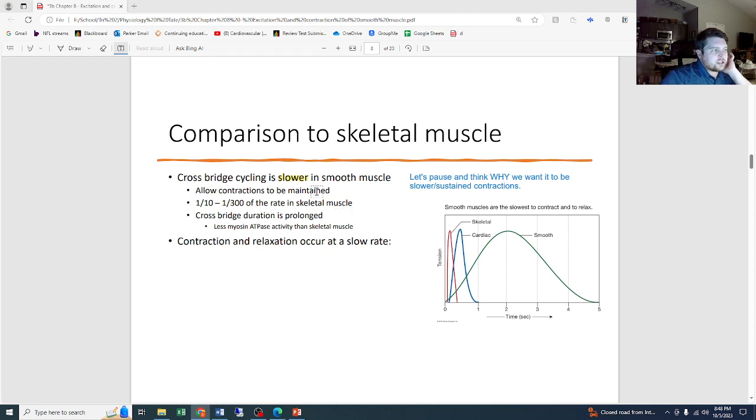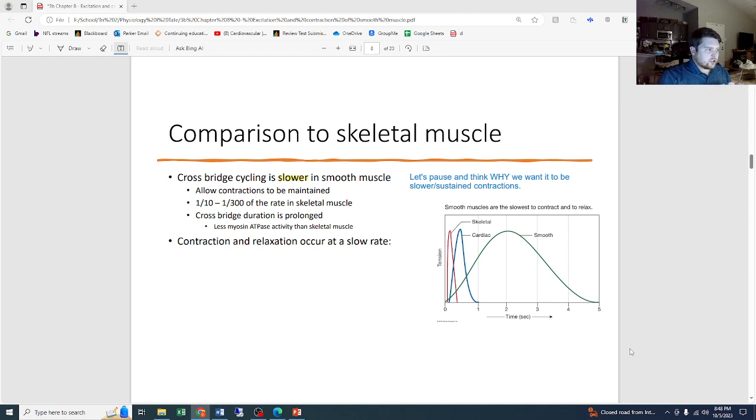And that's why we're able to get a slower and more sustained contraction, maintaining that tension over a long period of time. If we think about that, why would we want that to occur? Think about the lungs, for example.